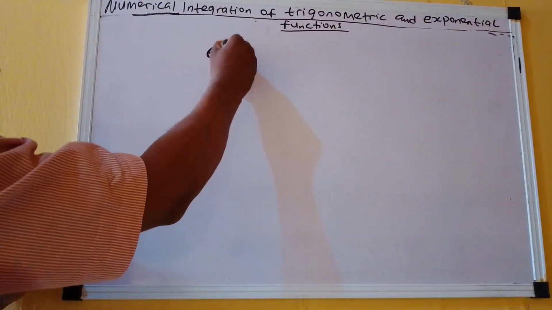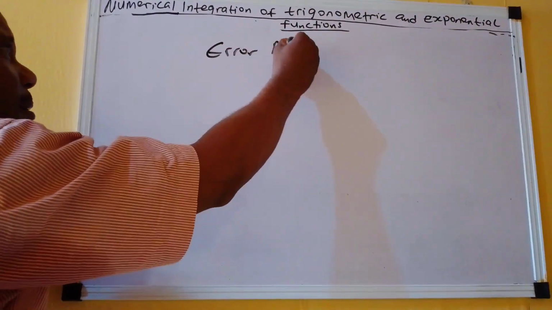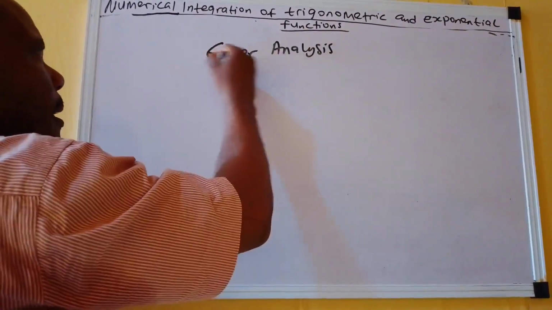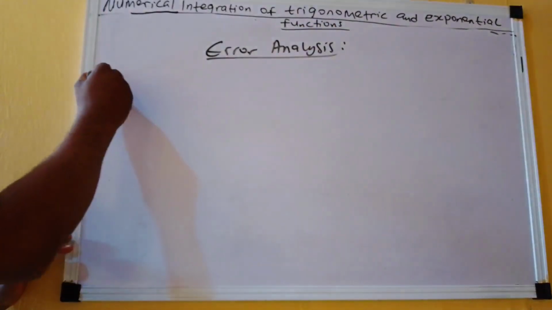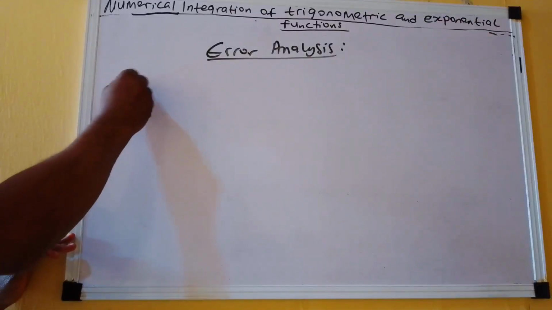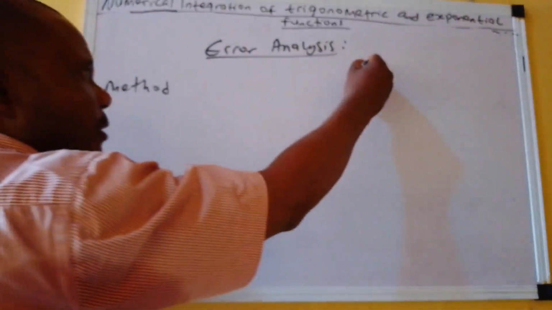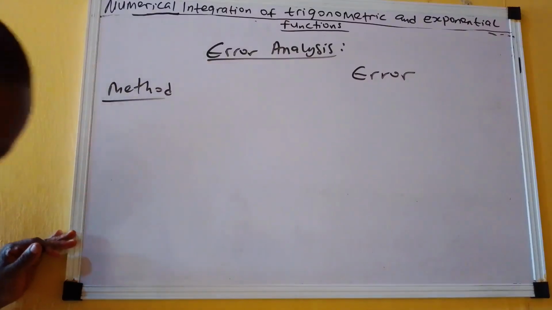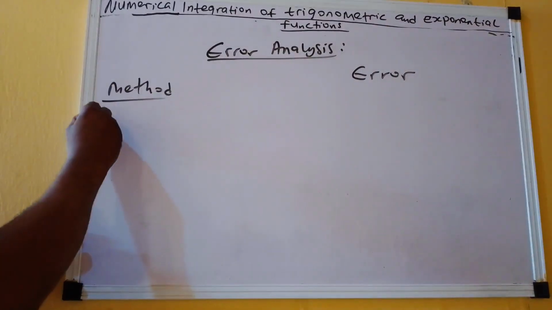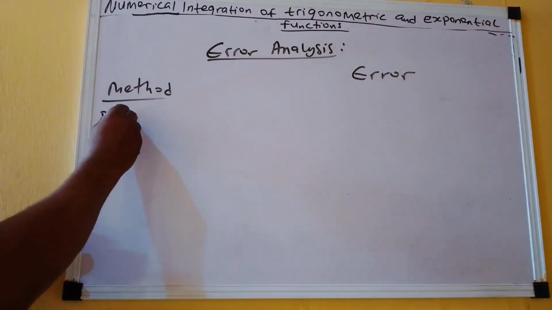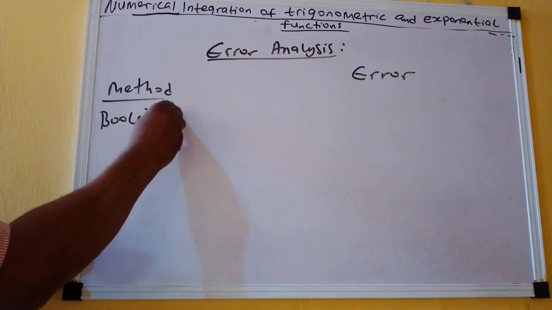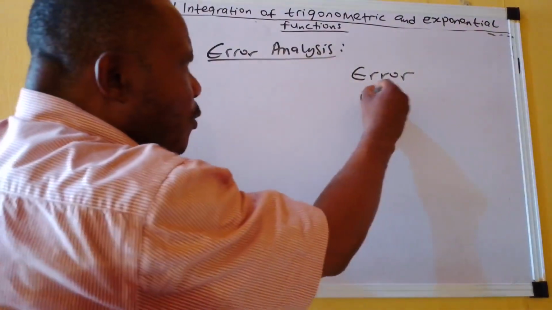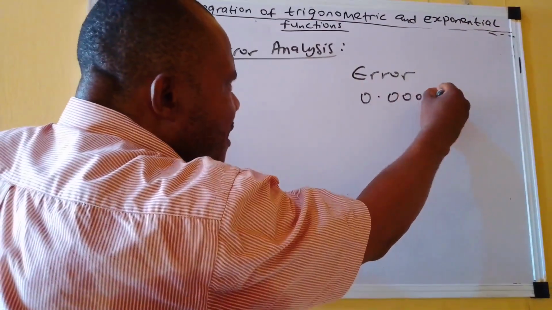Now we call it the error analysis. For this particular problem, we have the method and the error gotten. For the first method we used, the Boole's rule, the error gotten was 0.00000.